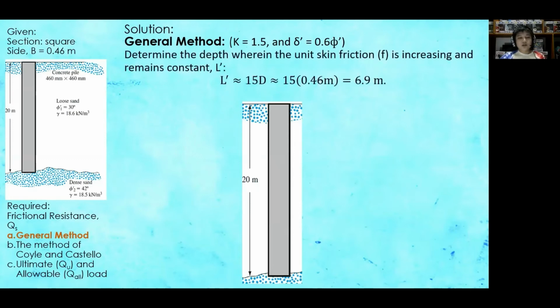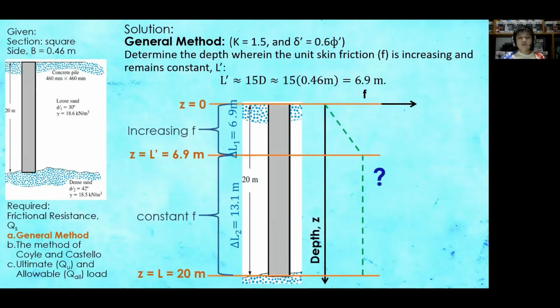So determine the depth wherein the unit skin friction, or F, is increasing and remains constant, that is at L prime measured from the ground level, wherein L prime is equal to 15 times D. So again, this is a square, therefore D is our side size. So that is 15 times D of 0.46 meter. Otherwise, our L prime is 6.9 meters.